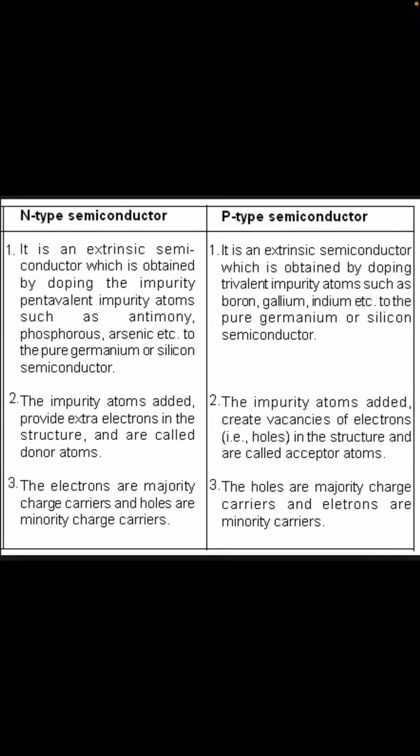So ultimately, in N-type semiconductor we have lots of electrons, and in P-type we have lots of holes. If we consider electrons and holes as charge carriers, then the charge carriers are very high in N-type as well as in P-type. But in N-type the majority charge carriers are electrons, and in P-type the majority charge carriers are holes.